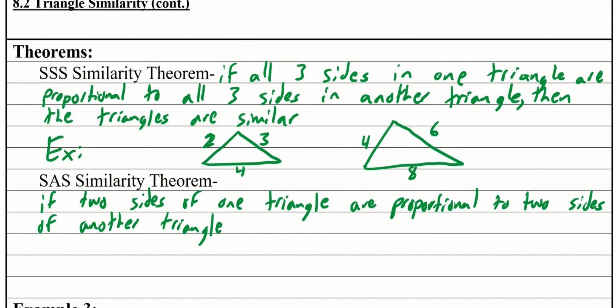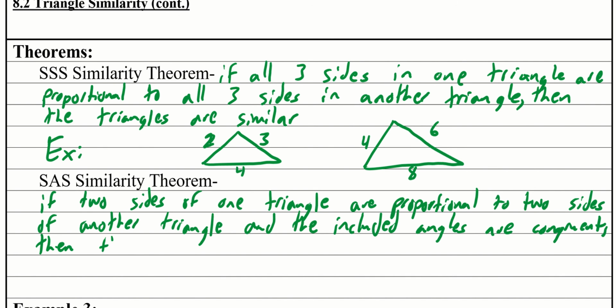So if I have two sides and two sides that are proportional, and the included angles are congruent, now that I have both those pieces, I could say the triangles are similar.